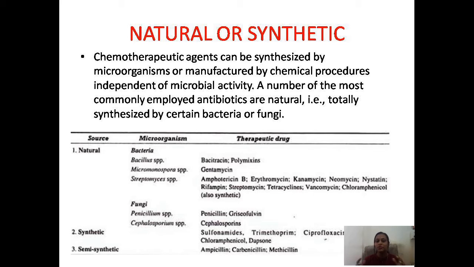Natural means we isolate that antibiotic from some living organism, which can be a plant, animal, or even microbe. Synthetic means it has been derived by a chemical process. Like with penicillins, you form the beta lactam ring and then add the side chains, and likewise we get an active penicillin.